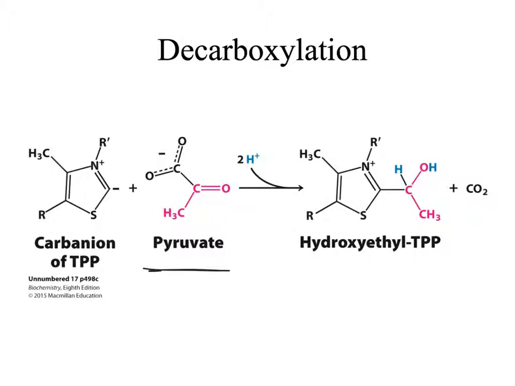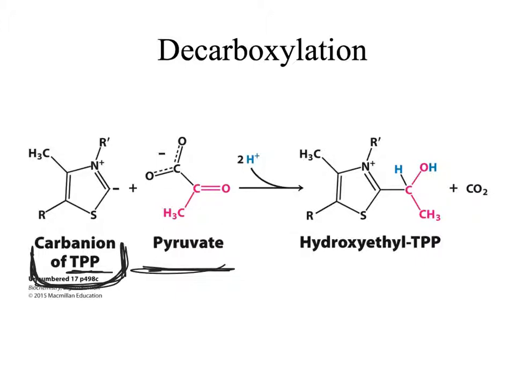Our pyruvate is going to combine with an ionized form of coenzyme, thiamine pyrophosphate, or TPP. TPP is converted into an ionic form, this carbanion of TPP, and that substance is going to interact with our pyruvate. There actually is a 4-step mechanism involved in this, and we'll see that on the next slide in a second.